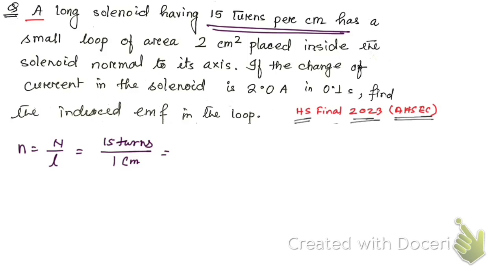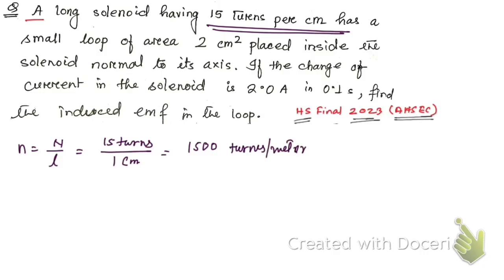A centimeter is equal to 1 by 100 meter, so in meter that's going to be 1500 turns per meter.